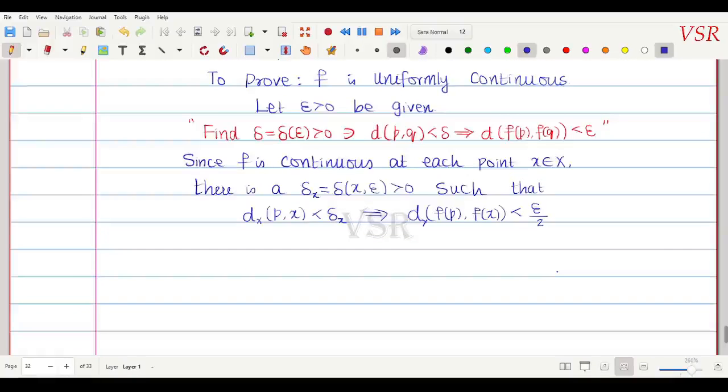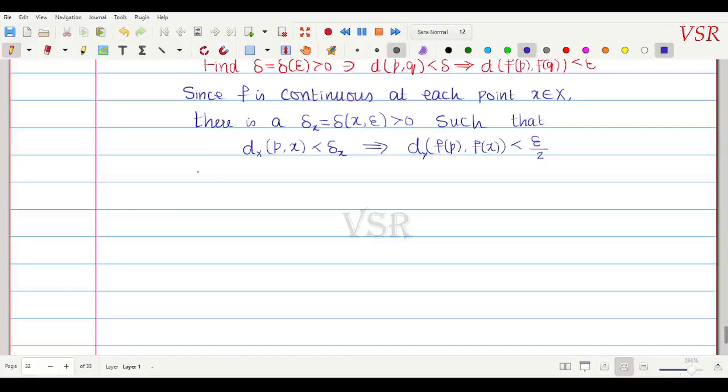Okay, now consider the open ball with center x and radius delta x by 2.